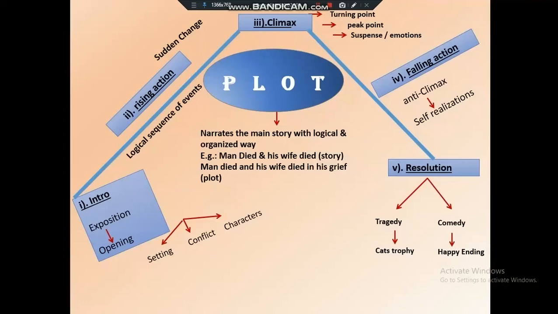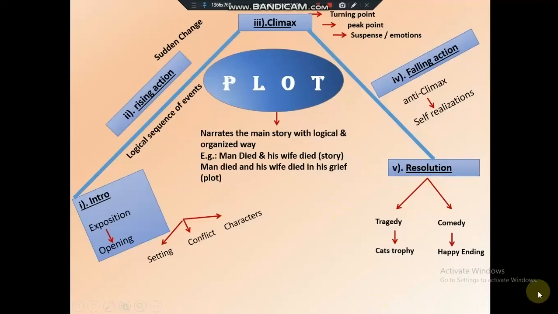Now we are going to start the reading and explanation of the text. Hopefully you have understood the characterizations, the main characters specifically, and the themes of the play as well.